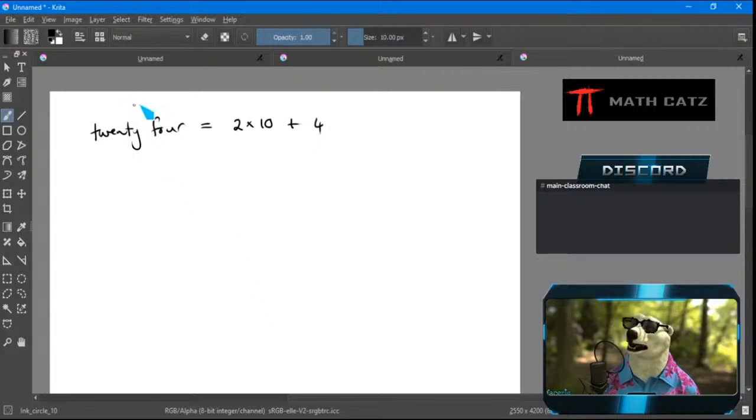It doesn't matter how I have represented it here. I could represent it in words. I could have symbols. I could make my own symbols and say, this is how I'm counting. Our decimal system is going to make groups of 10.